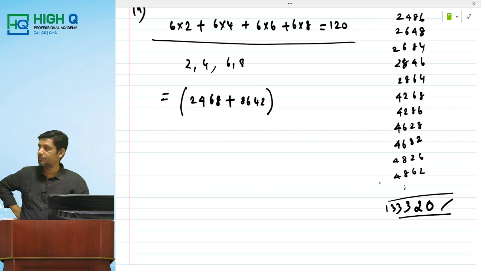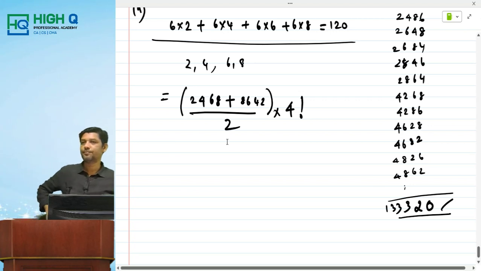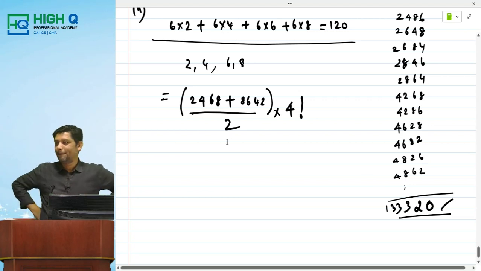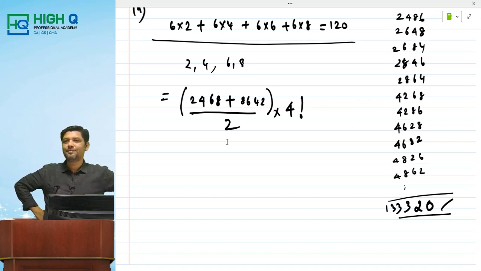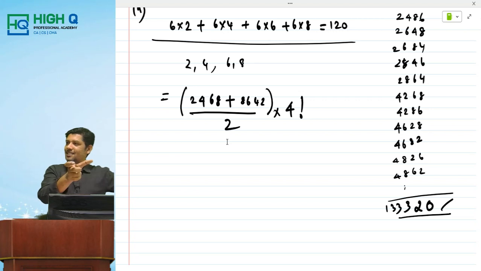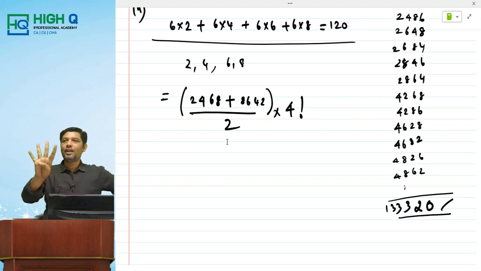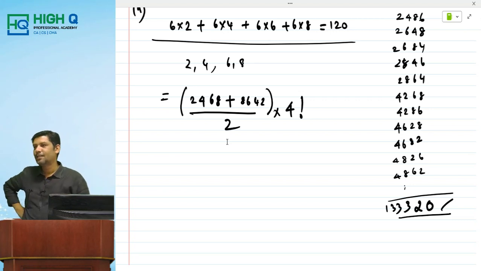Add both. Divided by 2 into 4 factorial. Just do it. Smallest number plus greatest number divided by 2. Why 4 factorial? Because 4-digit numbers are to be arranged. That's what. Answer is over.